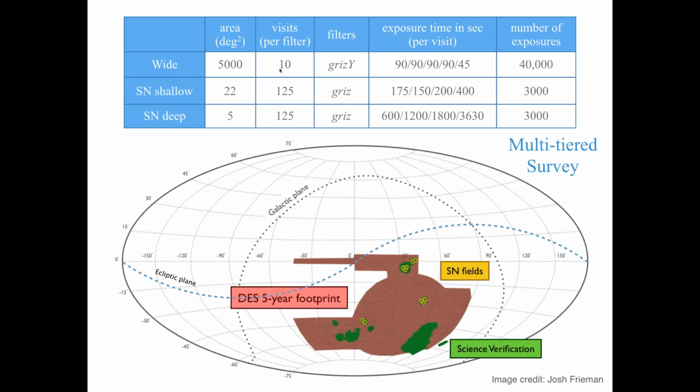It's 2 to 6 minutes, depending on the filter. But we visit these 8 fields once every 5 or 6 nights. And then we look for new transient objects that were not there, for example, the year before or earlier. So this is where we find our new supernova candidates.